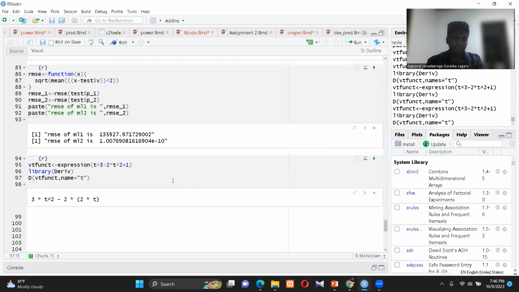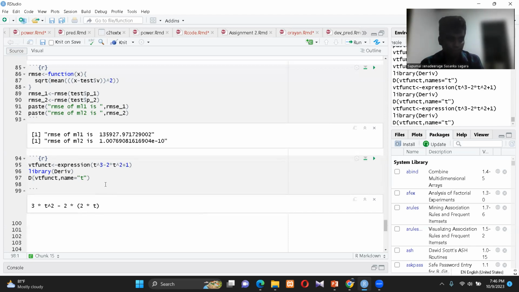Right, now you can see this is the derivative. You could even do it manually, but if the expression is a little complicated, you can depend on this function as well. Now I'm trying to plot it.